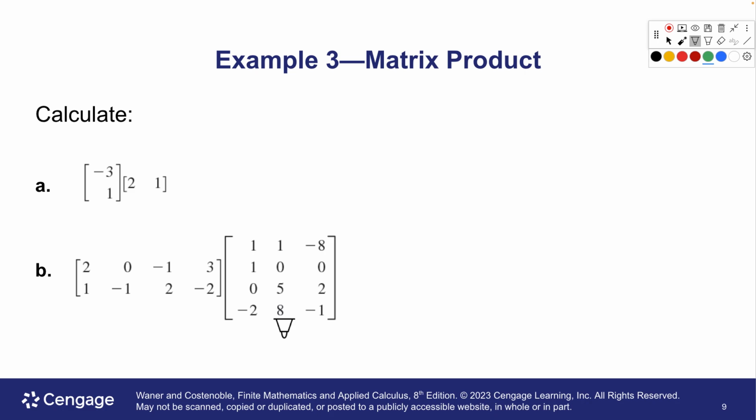We can do this here. Again, row times column. So remember, this is a 2 by 1, and this is a 1 by 2. So first of all, we're going to come here. The middle terms will cancel. We're going to end up with a 2 by 2 matrix.